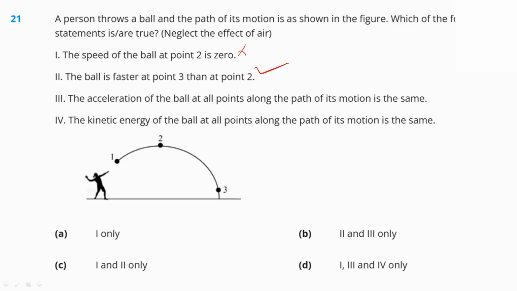Next, the acceleration of the ball at all points along the path of its motion is the same. This is also correct. And the kinetic energy of the ball at all points along the path of its motion is the same. No, kinetic energy is not the same; it increases and decreases. So 2 and 3 only, which is option B, is the right answer for this question.